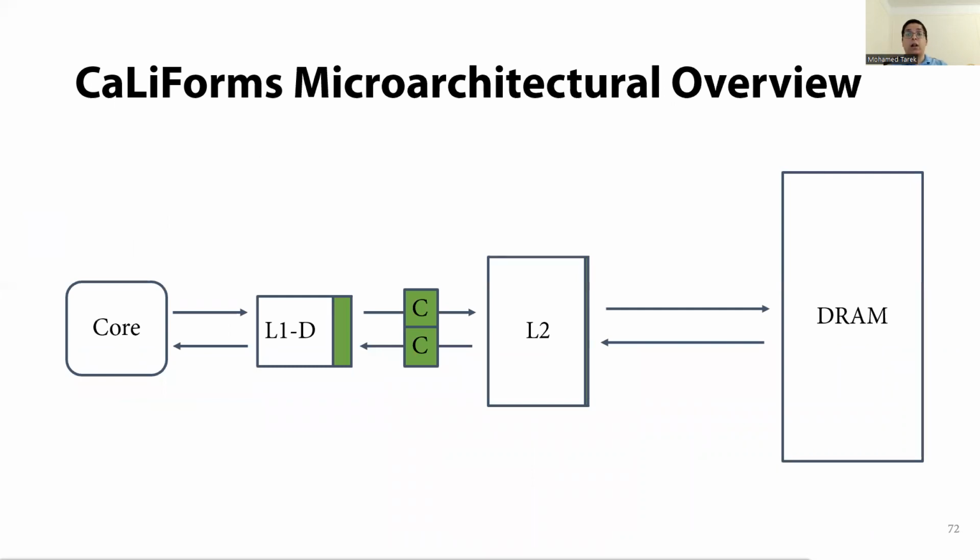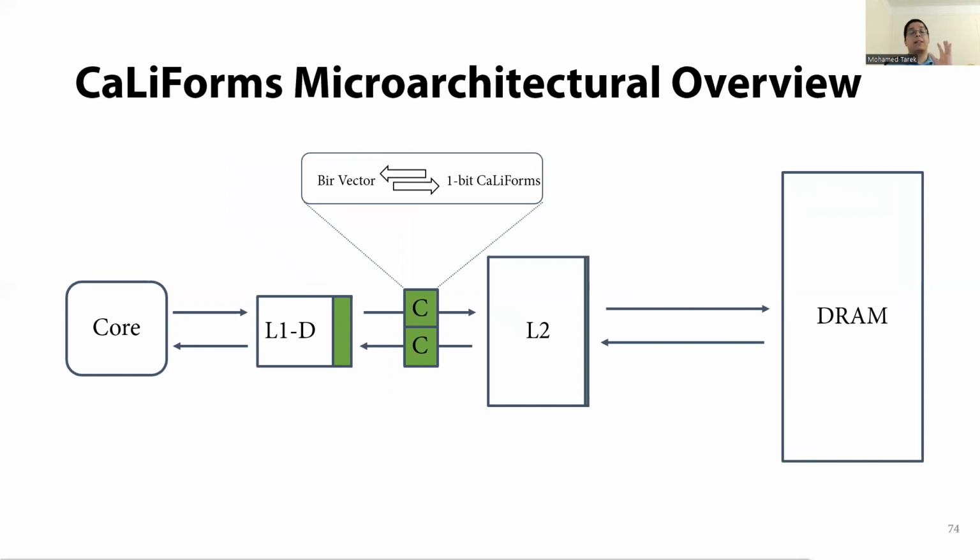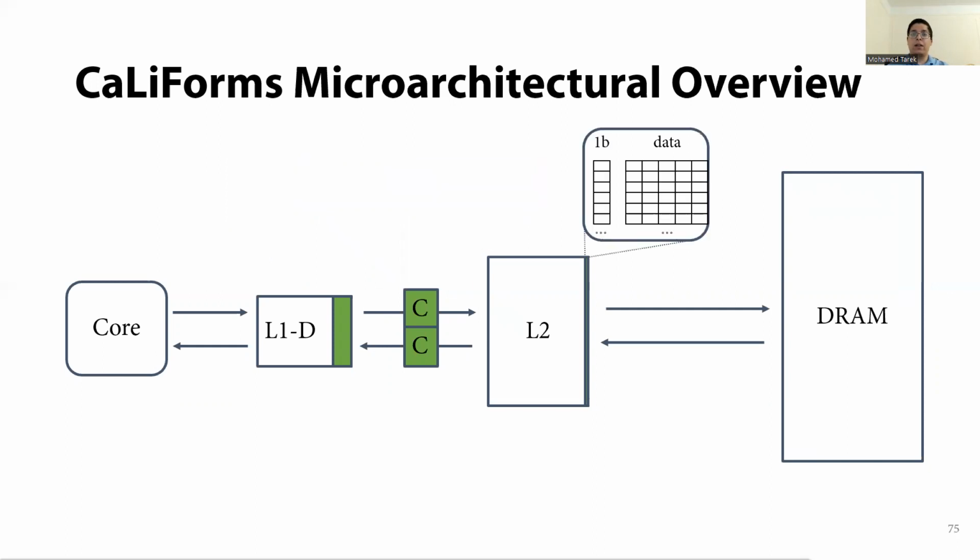At the microarchitectural level, CaLiForms adds minimal changes to the caches. In the L1 cache, we use bit vector CaLiForms. That's the one with a single metadata bit per byte to guarantee fast lookup. We then use converters to switch between our cache line formats at the L1, L2 interface.